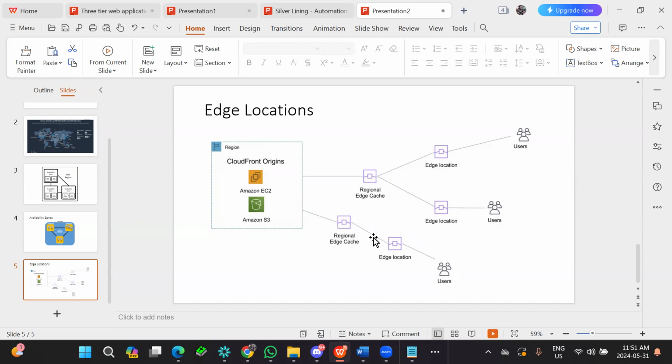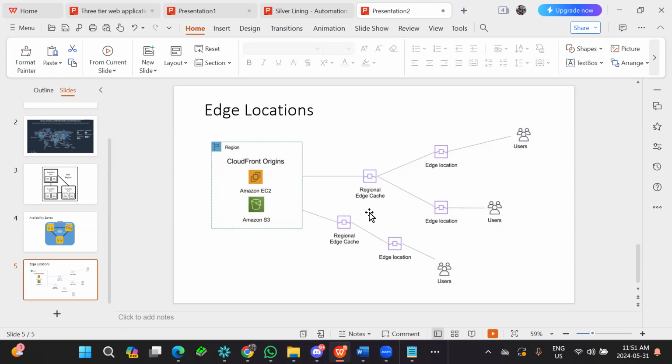Edge locations are typically closer to the users than the regions and the availability zones, and are often located in major cities, ensuring that responses can be fast and snappy. The locations of our edge locations are very strategic in order to optimize content delivery and improve end user latency.